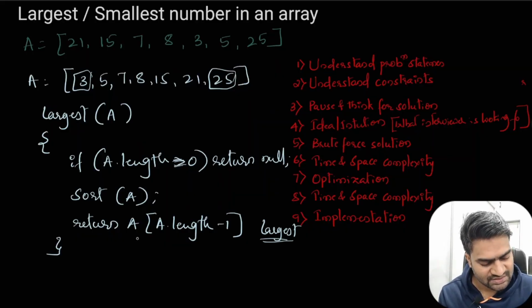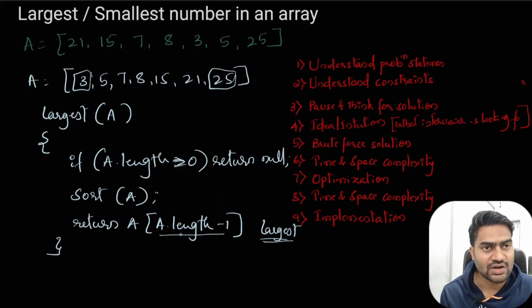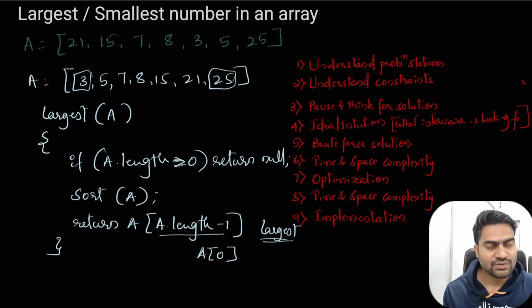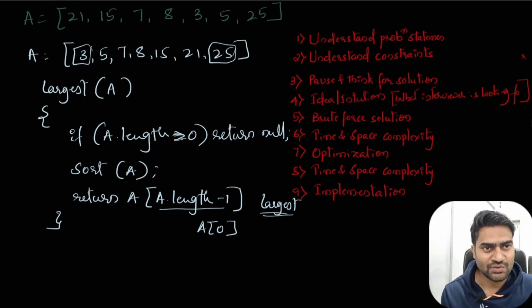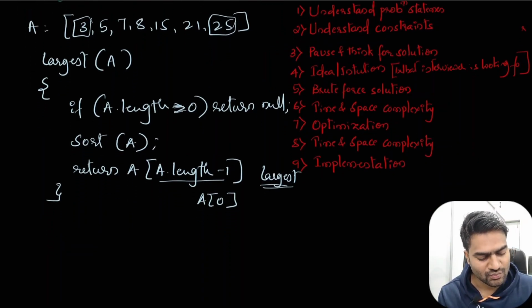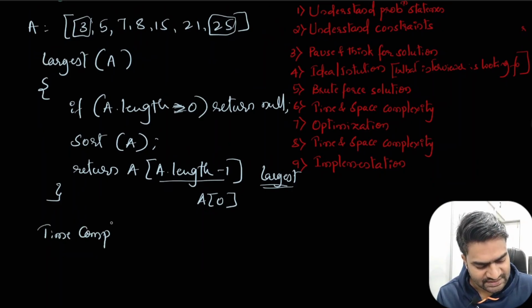If we want the smallest number, then instead of a dot length minus 1, we can simply return a of 0. So this is the pseudocode for this solution. Now, what is the time complexity?